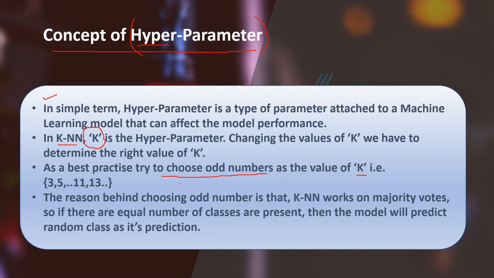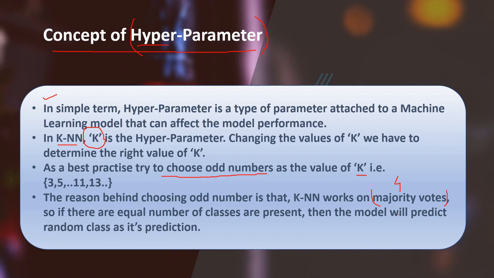Why am I saying that? Because KNN gives you the prediction based on majority vote, which is the main thing for KNN. It gives you results on majority votes. So say you are taking the value of k as 4, and you got four nearest neighbors. Now, two are positive class and two are negative class.